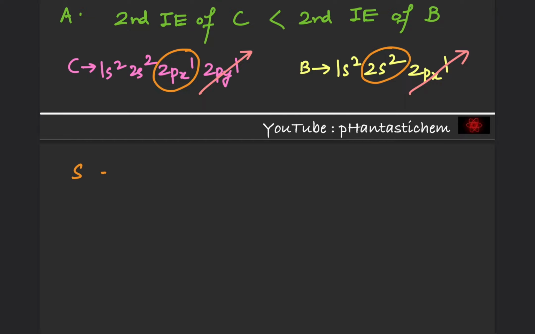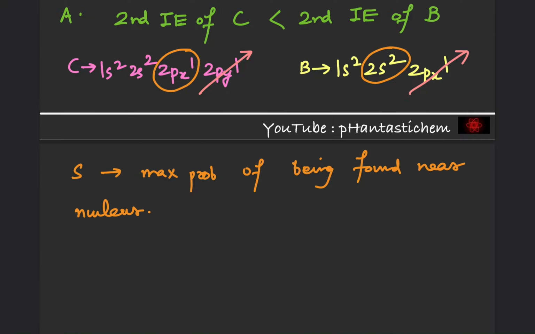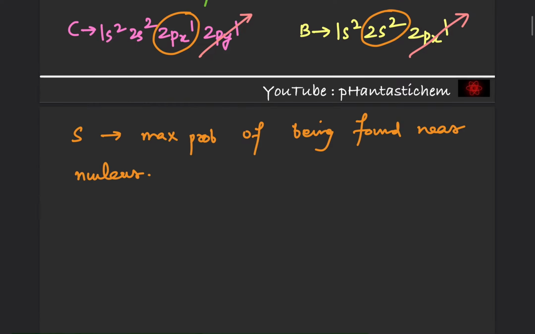So s has the maximum probability of being found near the nucleus. Okay, and this probability goes on decreasing in the case of p, d, and f, right? And it keeps on decreasing in case of p, d, and f orbitals of the same shell.